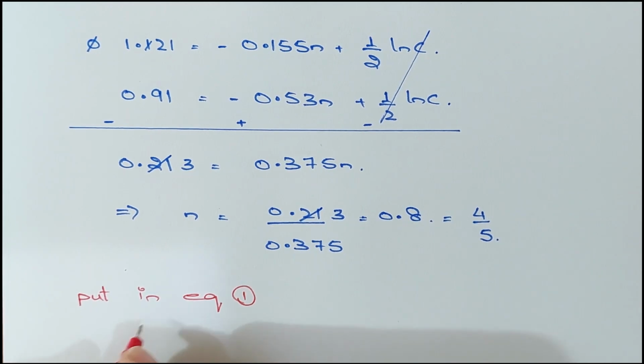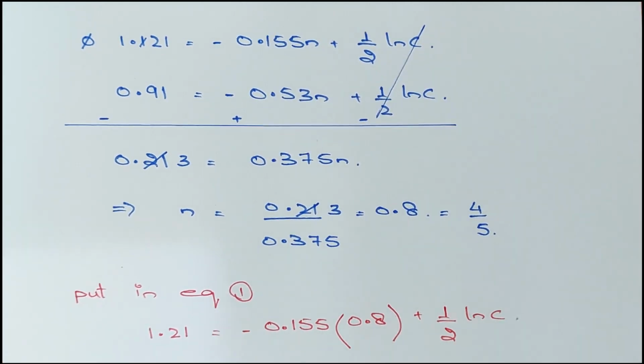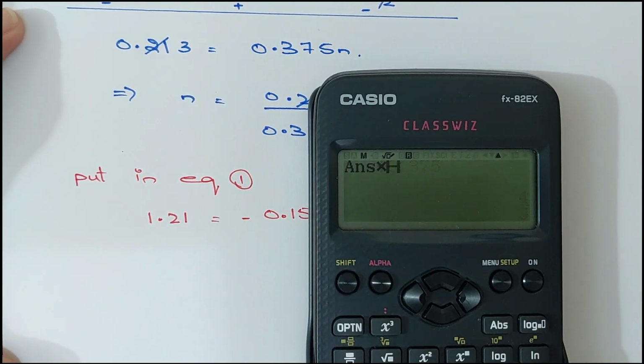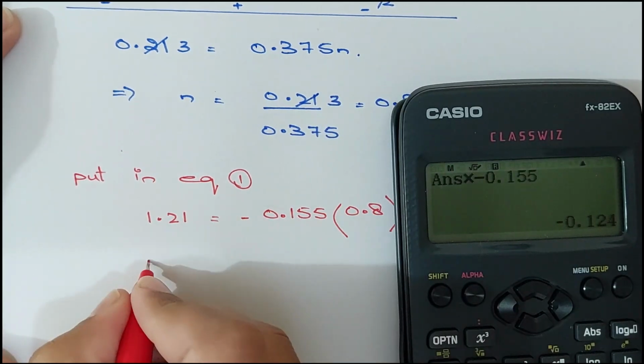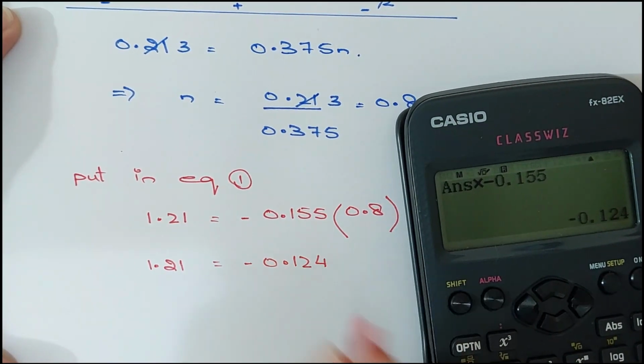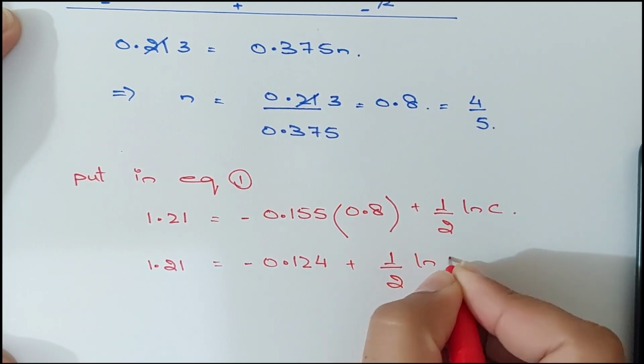We have 1.21 equals minus 0.155 times 0.8 plus half natural log of c. Simplifying, minus 0.155 times 0.8 is minus 0.124, and 1.21 minus 0.124 equals half natural log of c.